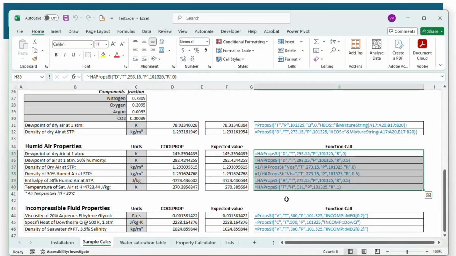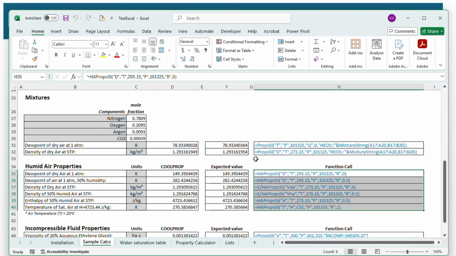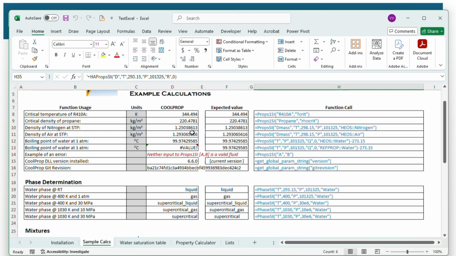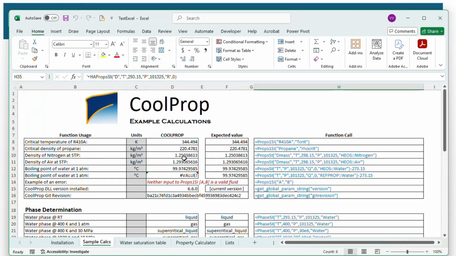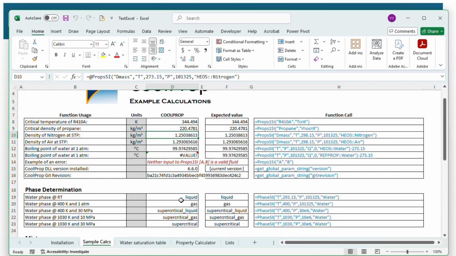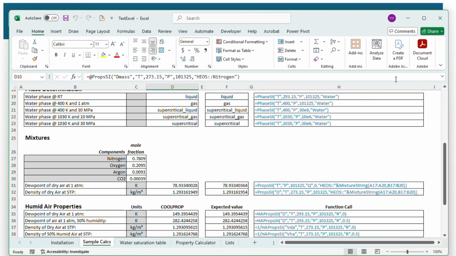Okay, all of those examples on how to use them in a formula, you can refer to this tab in the Excel file. And the actual formula is in this cell or in this column. Okay, all right, we'll come back to this.